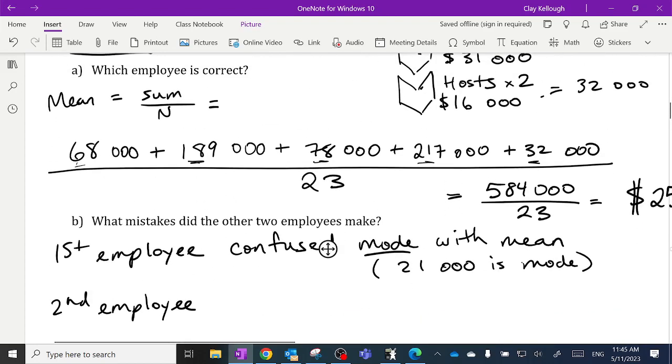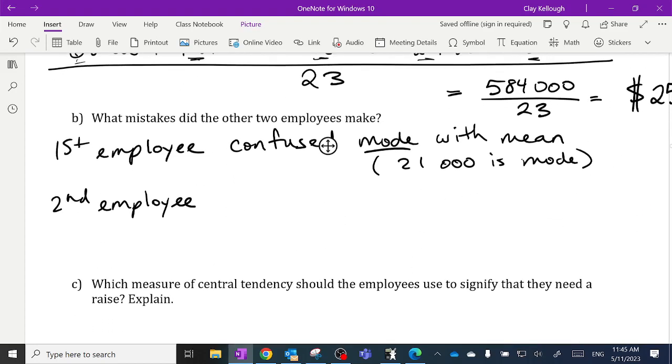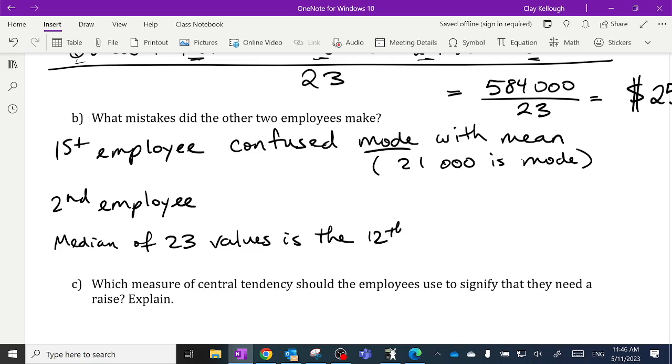So 23 employees, the middle of 23 numbers, the median of 23 values is, okay, what's halfway into 23? 11 plus 11 is 22. So the 11 and a half, so the 12th number.